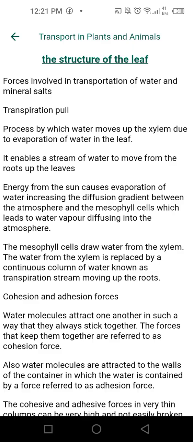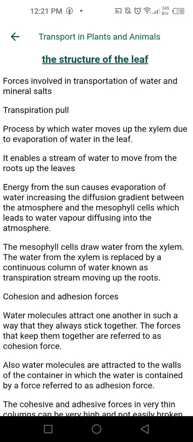Energy from the sun causes evaporation of water, increasing the diffusion gradient between the atmosphere and the mesophyll cells, which leads to water vapor diffusing into the atmosphere. The mesophyll cells draw water from the xylem. The water from the xylem is replaced by a continuous column of water known as the transpiration stream moving up from the roots. Cohesion and adhesion forces.